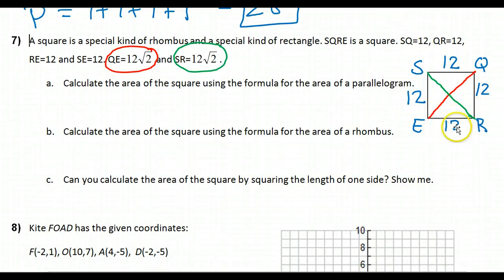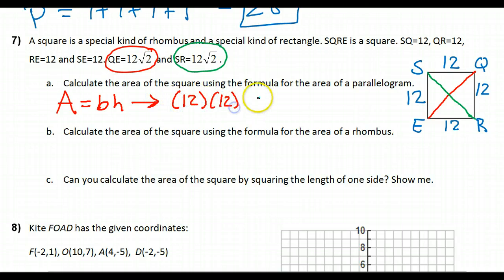Well, look, the base is 12 and the height is 12. So base times height is just going to give me 12 times 12, which is 144.